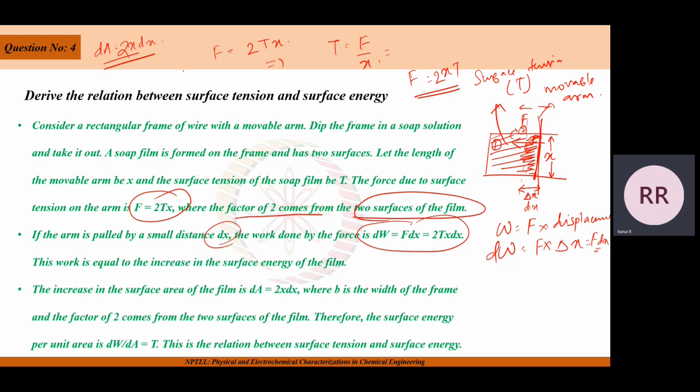Now we know the equation for surface energy, that is work done divided by area.